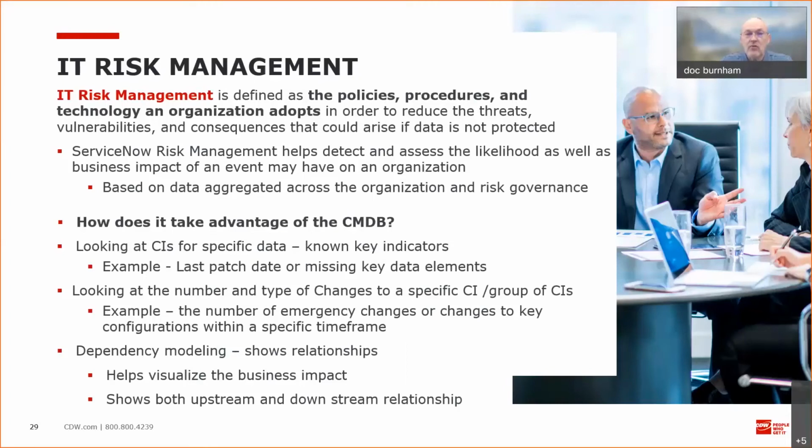It makes it easier for us to understand, we've got a problem with this device or a risk over there. What services is that going to affect? So risk management's got a lot of details in there, and I'm only covering just a little bit of this here, obviously.